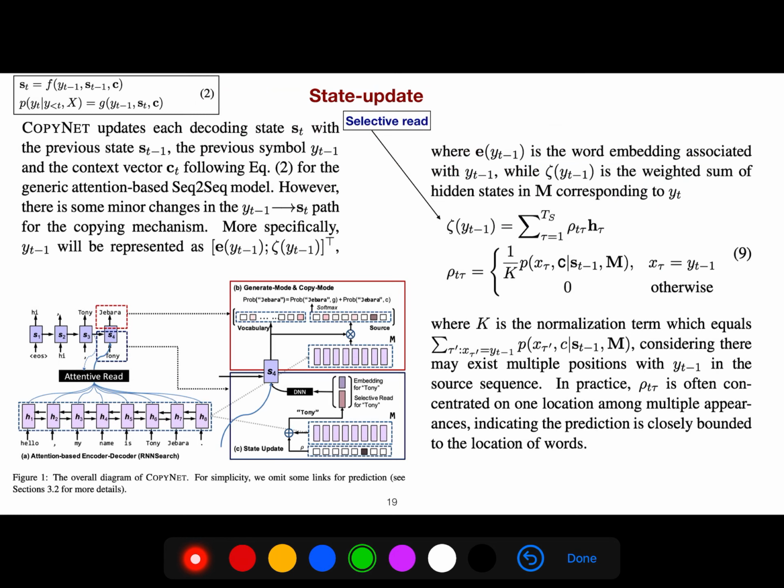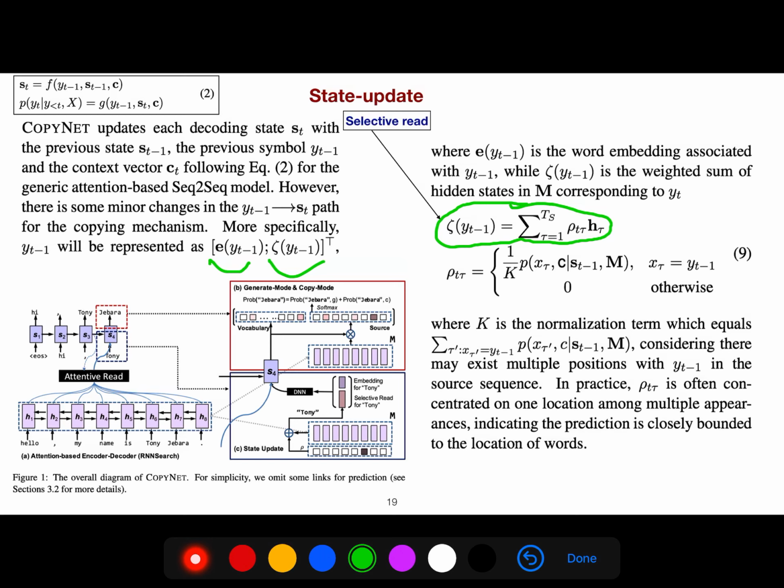And in the state update, we just use a trick in order to give the embedding for the input of the decoder, we augmented with a key variable. And it is just a linear combination of your hidden states. It's a kind of creating some kind of context.